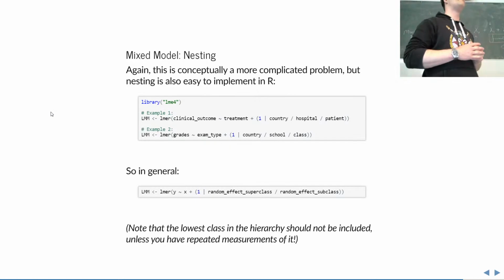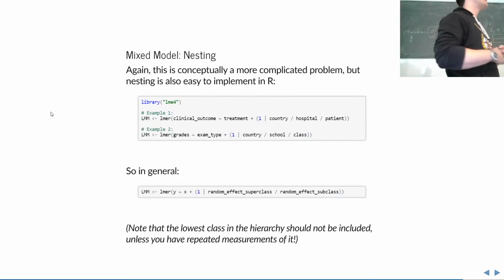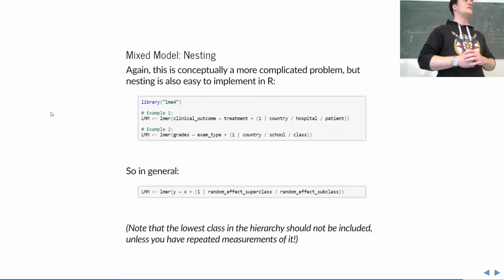With this example with the countries and the school and the class, with the nesting model, at the bottom you would not add class as a subclass? The random effect superclass was country, and the random effect subclass was then school, but you didn't add class, right? Is that what I understood correctly?